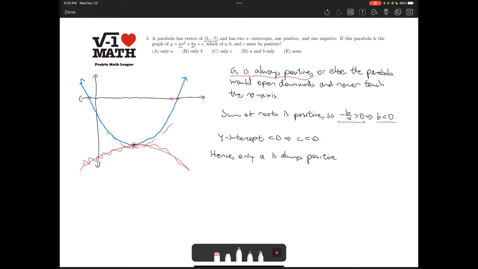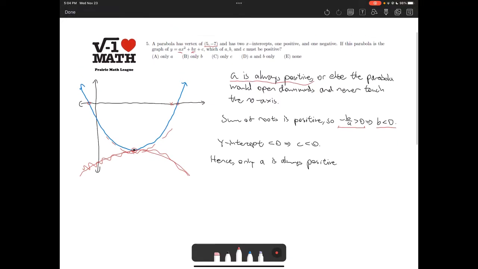Hence, b is less than 0 in this case, which is already a clear counterexample to the assumption that b is always positive.